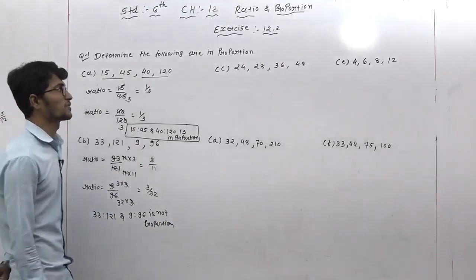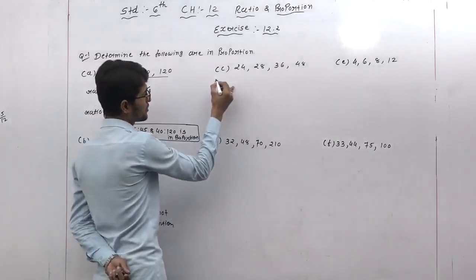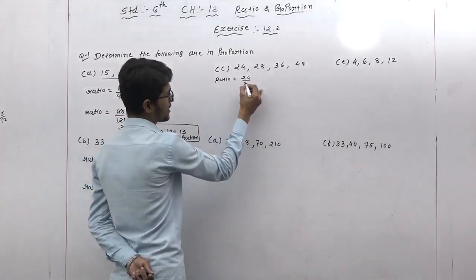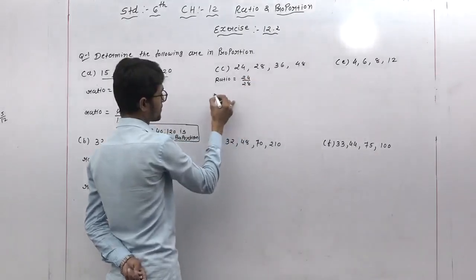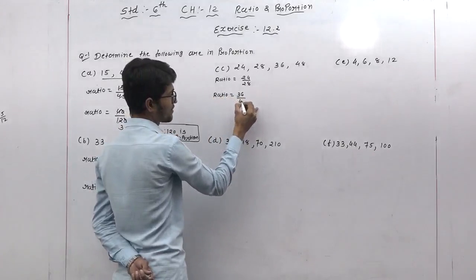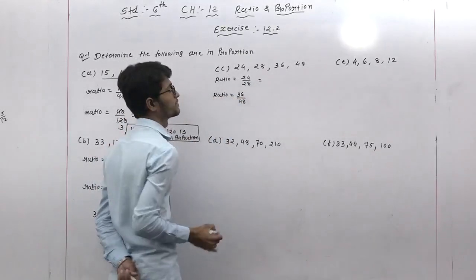Next question, again we have to find the ratio: first two, 24 by 28, and then the ratio 36 by 48.